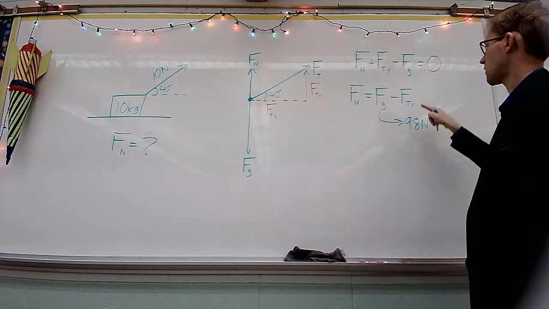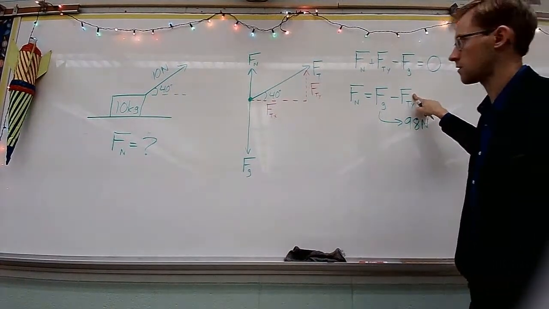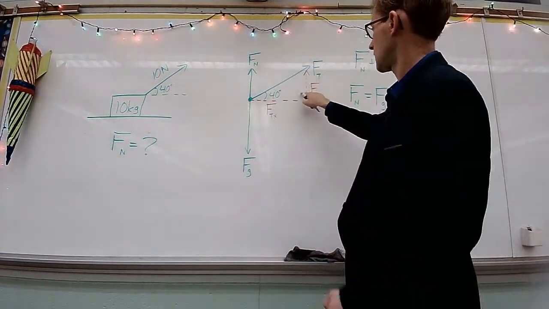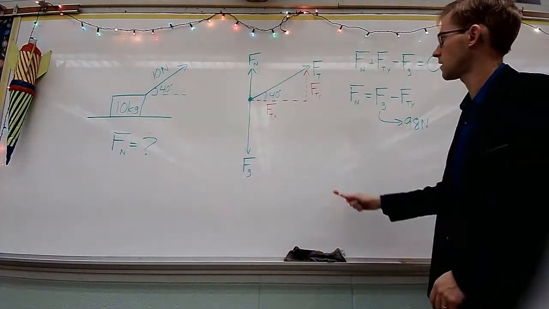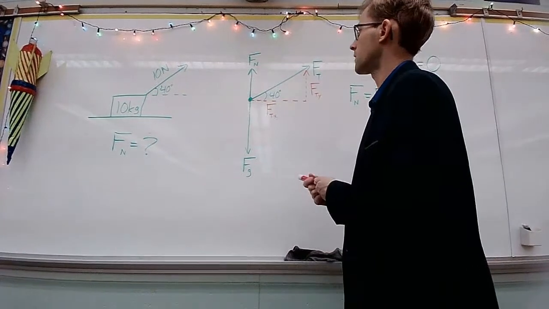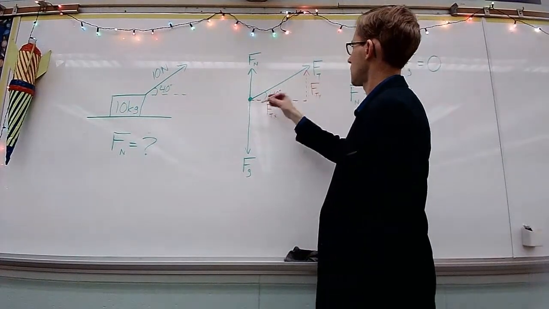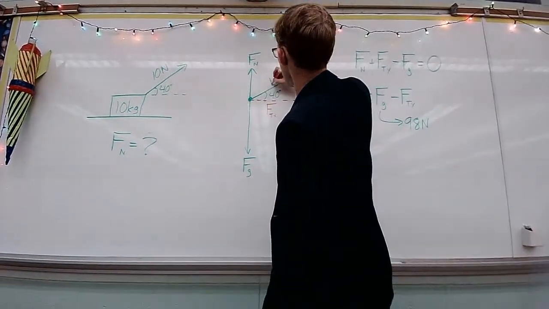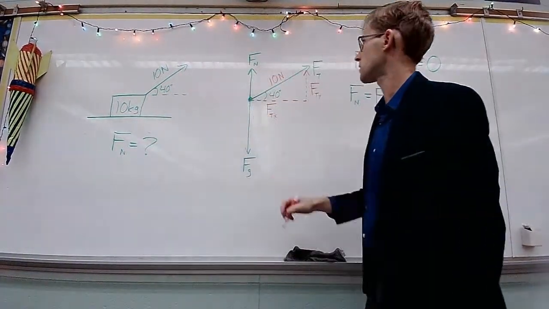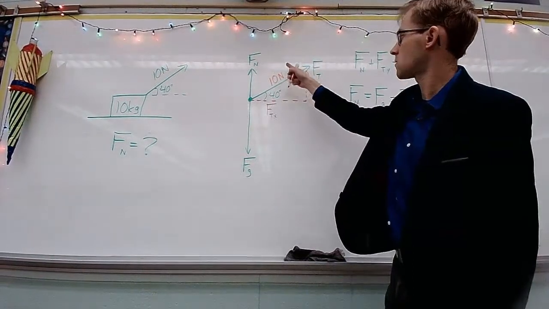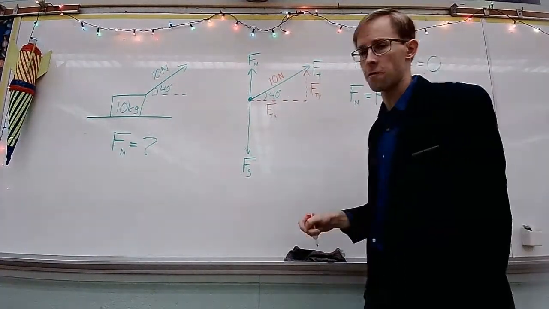Now, if I want to solve for my tension in the y direction, that's a little bit more complicated. You can see it in red here. It's the opposite side of this triangle. And on this triangle, from the information I'm given, the tension force is 10 newtons. So I know the hypotenuse, I know the angle, and I want to solve for the opposite side.